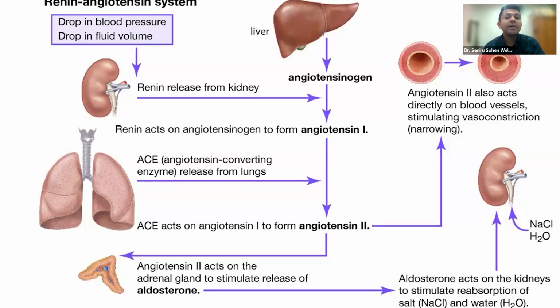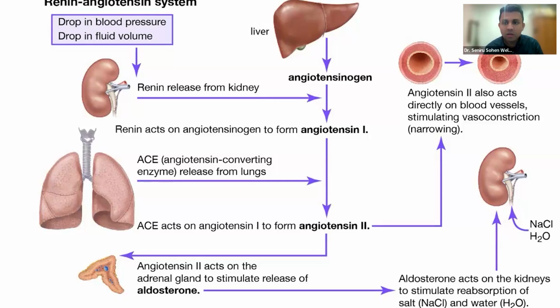When renin gets secreted, it will convert the angiotensinogen that is produced in the liver to form angiotensin 1. Angiotensin 1 gets converted to angiotensin 2 by the enzyme called angiotensin converting enzyme, or ACE, which is usually present in the blood vessels in the lung, and can be found in blood vessels elsewhere also, but is more prominent in the lungs.